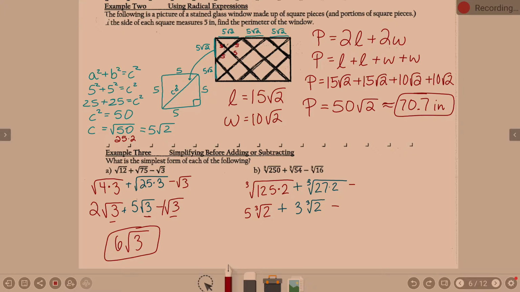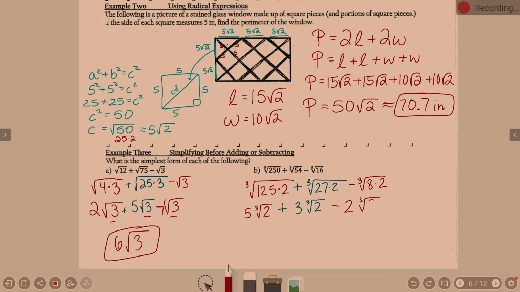can I do the cube root of 16? No. There's only one thing to check though, isn't there? Does 16 divide by 8? It does. So 16 is 8 times 2. What is the cube root of 8? 2.